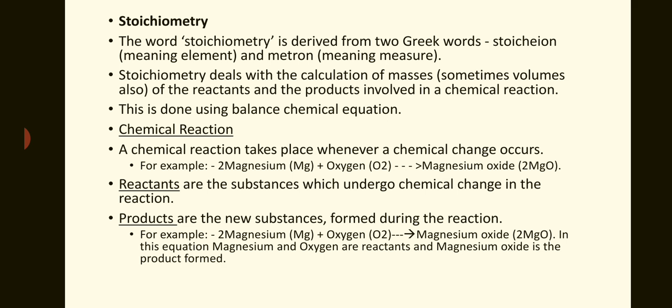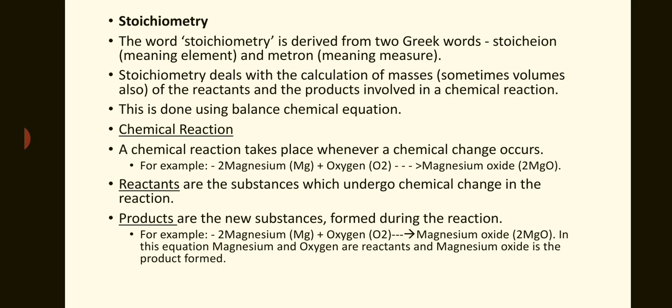For example, magnesium metal burns in the presence of oxygen, it forms magnesium oxide. So magnesium and oxygen are the reactants and the product is magnesium oxide in this reaction. Reactants are the substances which undergo chemical change in the reaction. What are products?